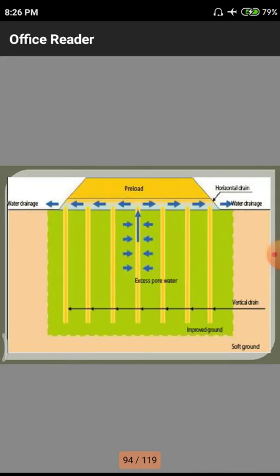This is the pictorial representation which was used to remove water by using the preloading and vertical drains technique. The yellow colored portion on top of the ground is the material which was kept on the soil strata.